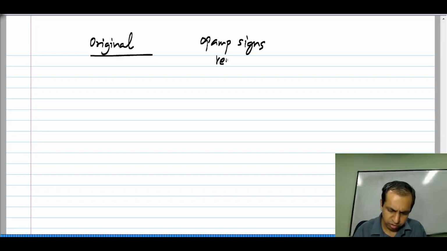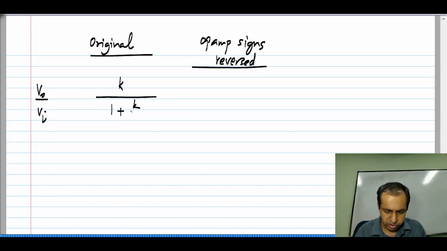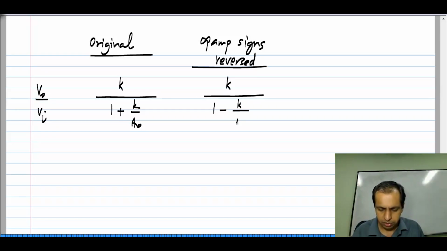So, let me put this down systematically. The expression for V naught by V I originally was k by 1 plus k by A naught, and with the op amp signs reversed, it is k by 1 minus k by A naught.